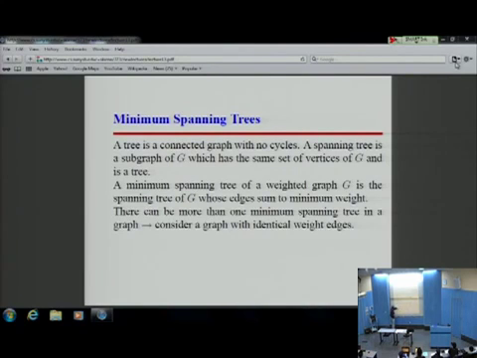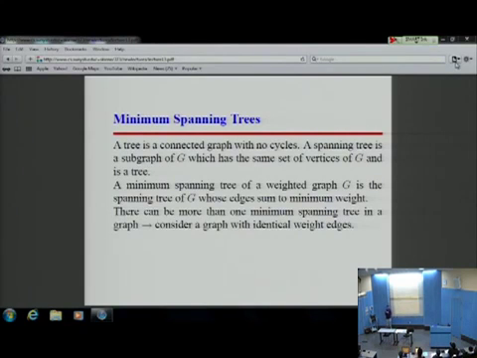Does everybody see that on this particular graph, the green edges would be a spanning tree? It is a tree, there is no cycle created, and every edge is an edge of the original graph, and we visit every single vertex. This would have also been a spanning tree of the graph. Does everybody see that?